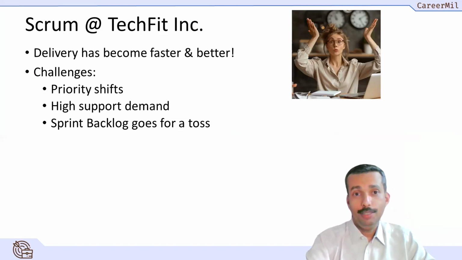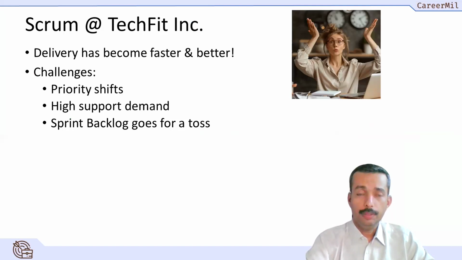Now they do have a little bit of a challenge, right? The support has started coming in, and there are times where the support volume is a little bit on the higher side. They also have so many great ideas coming up as the business leadership is constantly in touch with the various customers, market segments, competition, and so on.